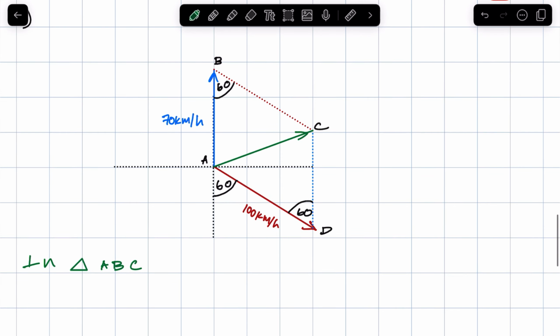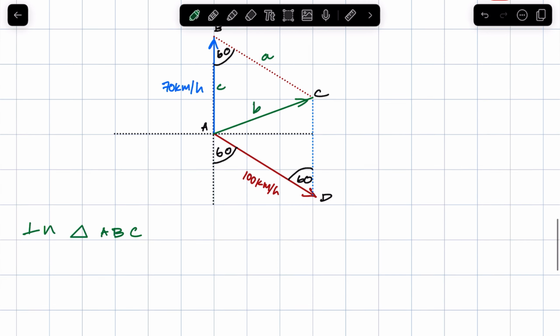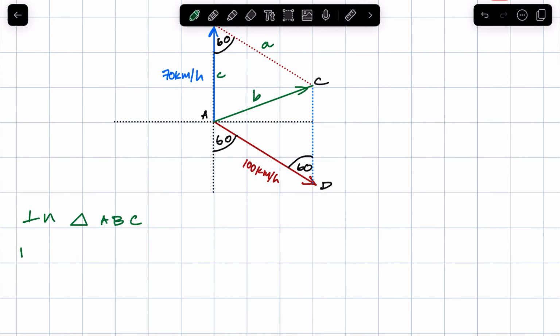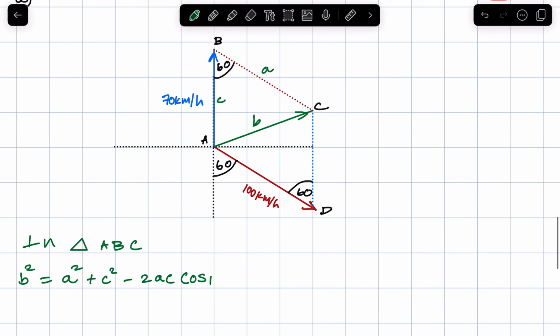In triangle ABC, we call this small letter a, that small letter b, this small letter c. So we are looking for b squared is equal to a squared plus c squared minus 2ac cos of the included angle, which is B.